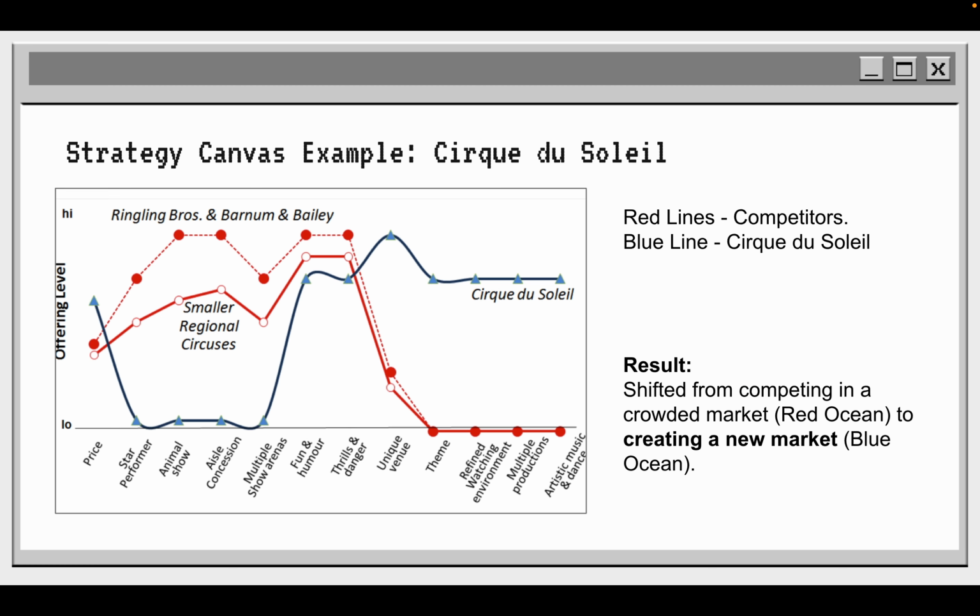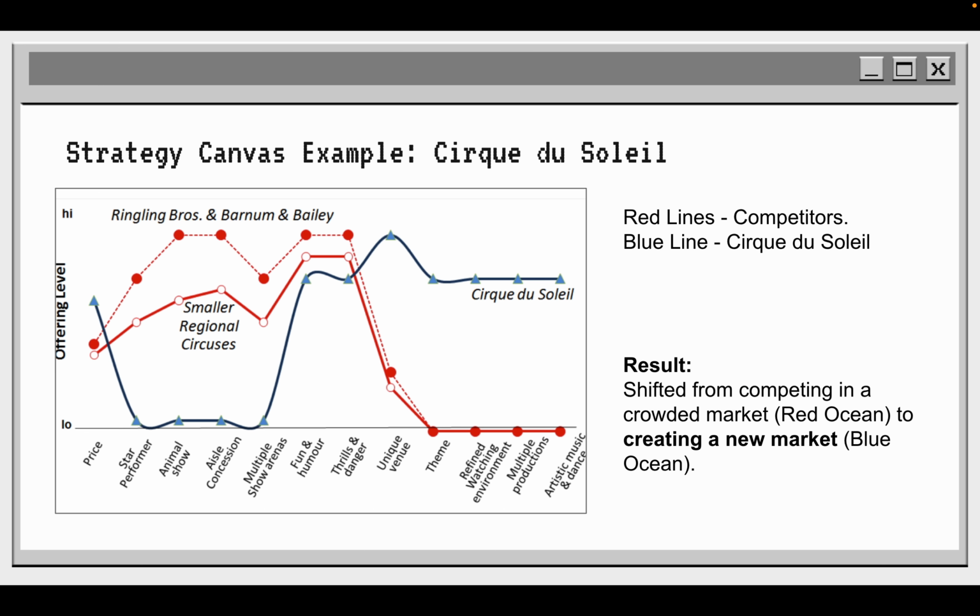This is a simple example of a strategy canvas for the company Cirque du Soleil, which is a famous entertainment company. Now we compare this company with its competitors on various factors like price, star performer, animal shows, etc. The blue line represents Cirque du Soleil, and the red lines represent its competitors.